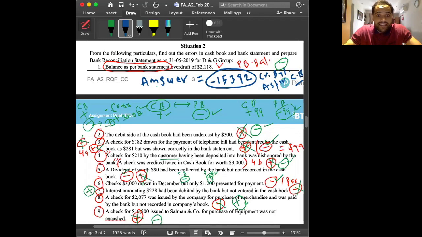Any question regarding situation two? Or do we move on to situation three?